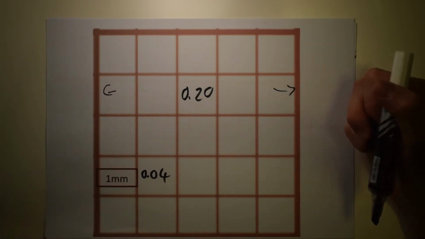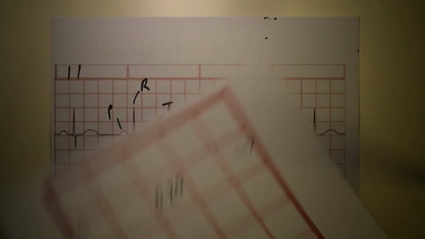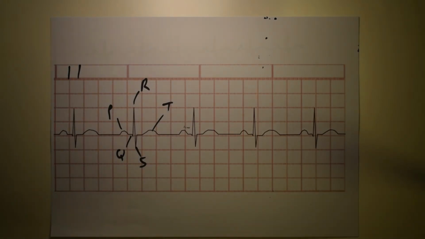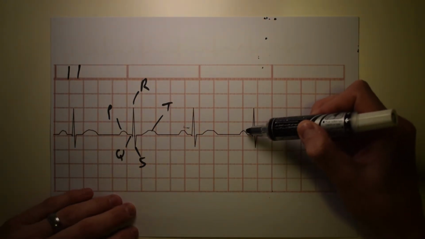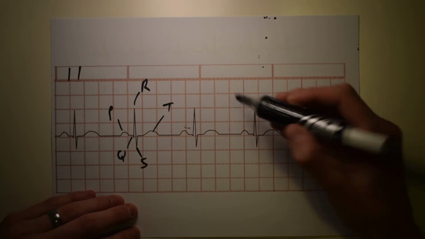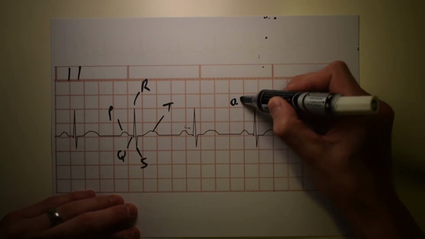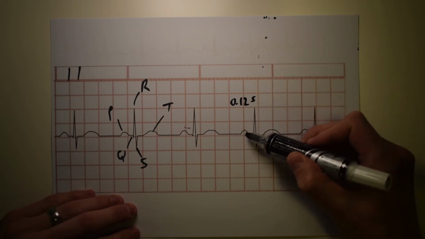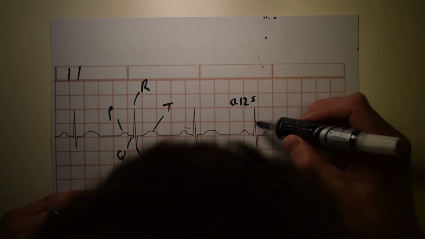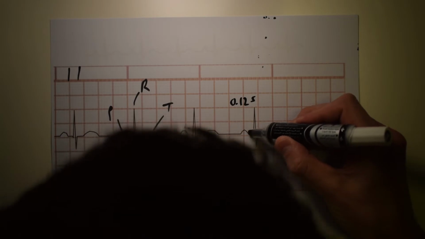So let's have a look at another ECG, or back to the previous one. Whenever we look at a P wave, remember the first little positive wave in lead 2, it should be about 0.12 seconds. That's 3 little tiny blocks: 1, 2, 3.